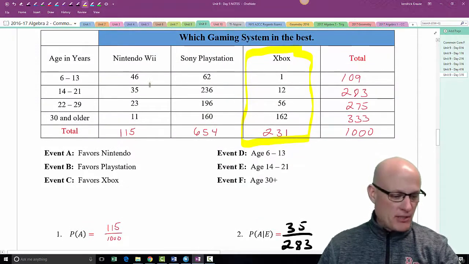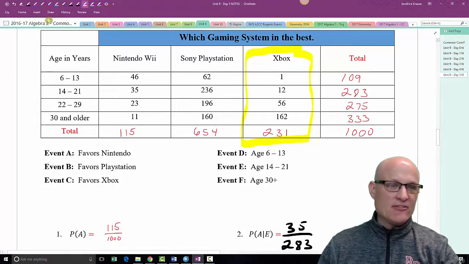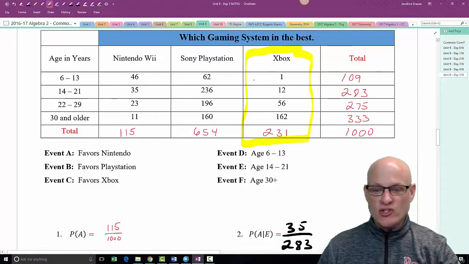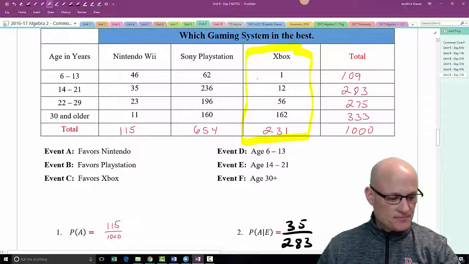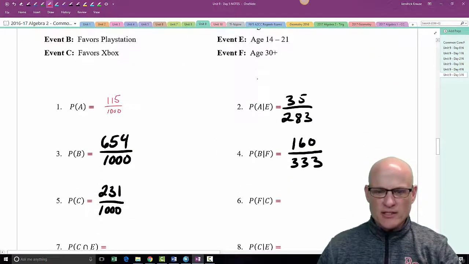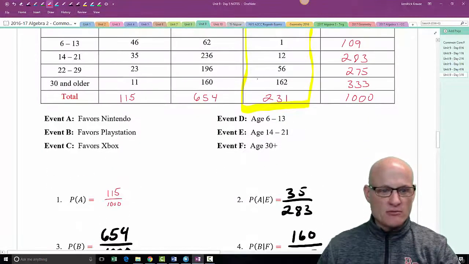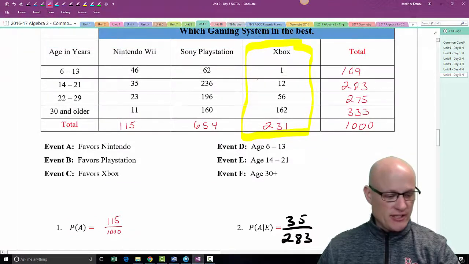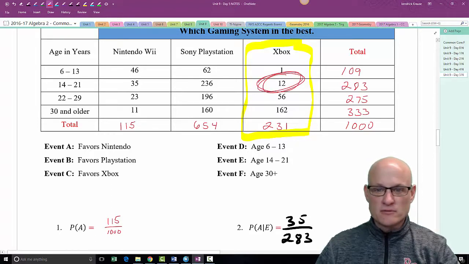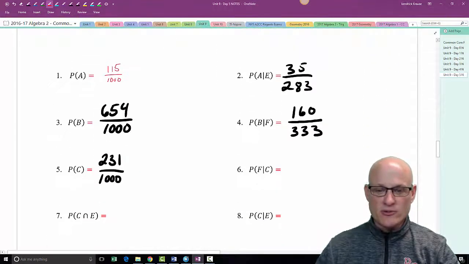Given that I'm in C, what is the probability of F? What is F? 14 to 21. So there's 12 out of the 231.